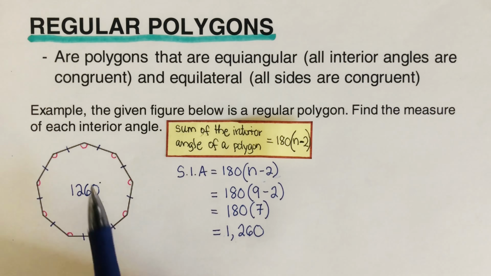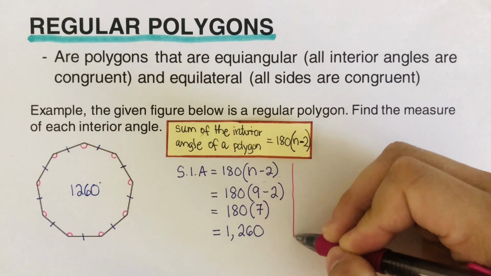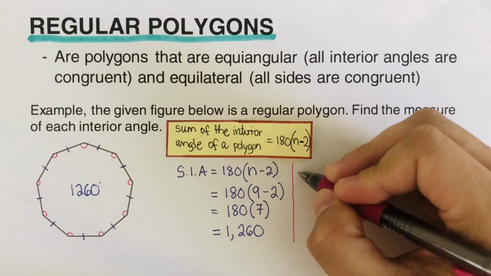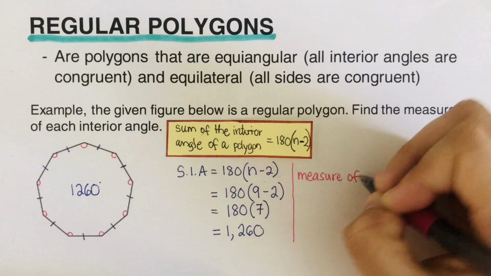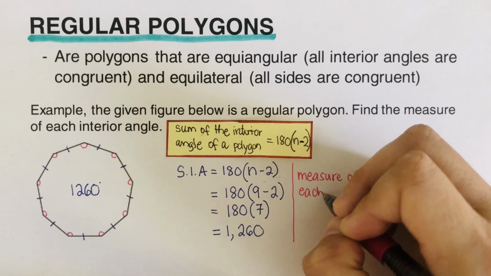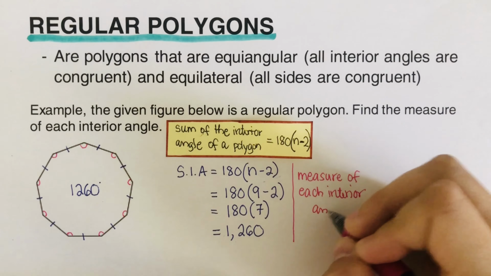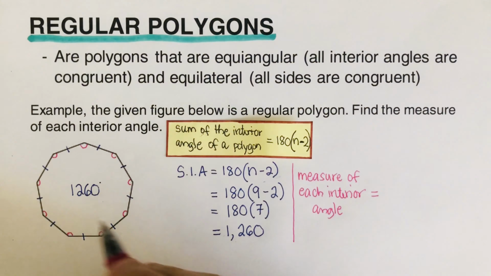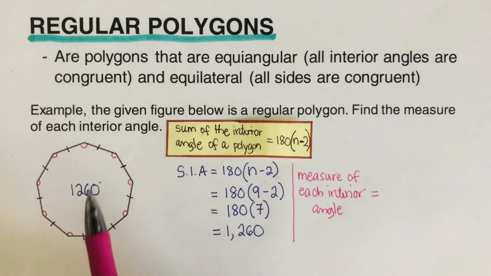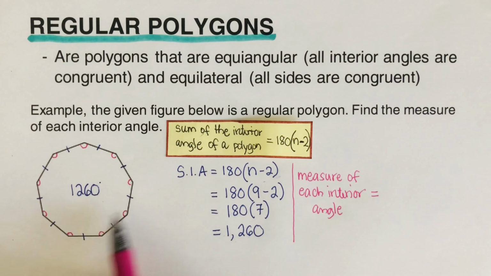Now, since each of these angles is equal, we can determine the measure of each. The measure of each interior angle would be the total divided by the number of angles. In this case, there are 1, 2, 3, 4, 5, 6, 7, 8, 9.